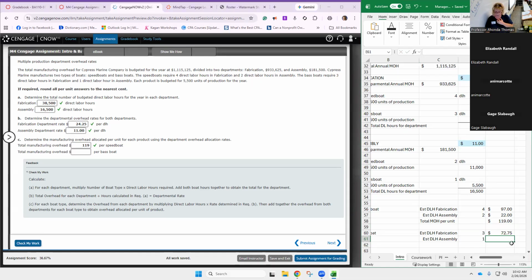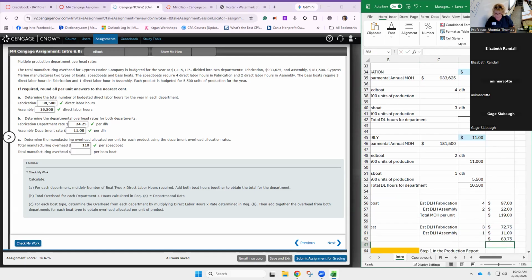So I got 72.75, and then we're going to take 1 hour times this $11 rate, and then we're going to add down both of those. So, and total manufacturing overhead per unit.